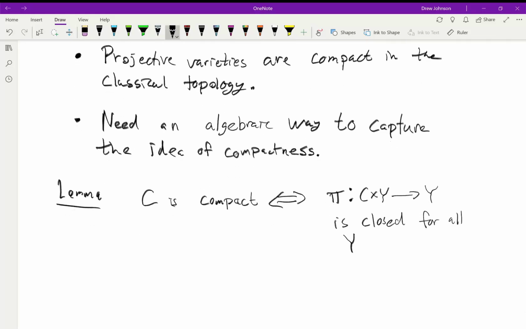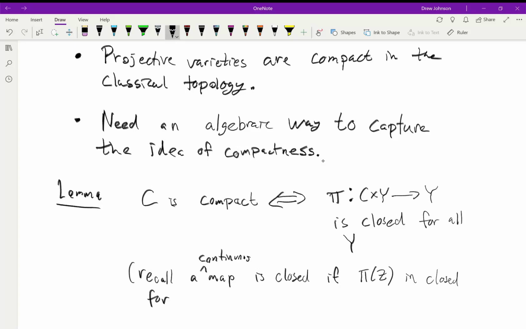And what do I mean by saying a map is closed? Let me write this down. Recall a continuous function pi is closed if pi of Z is closed for all closed subsets Z of the domain.